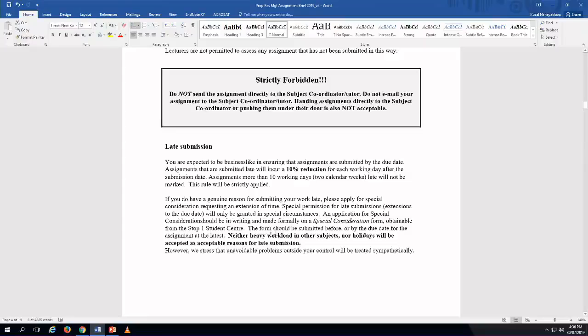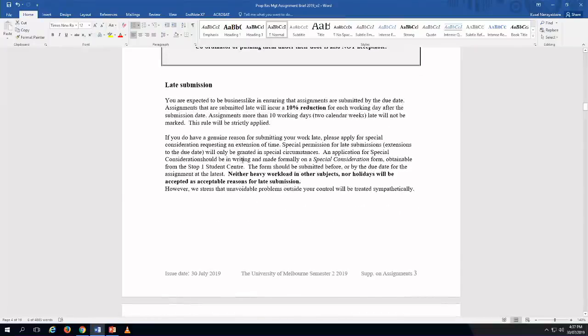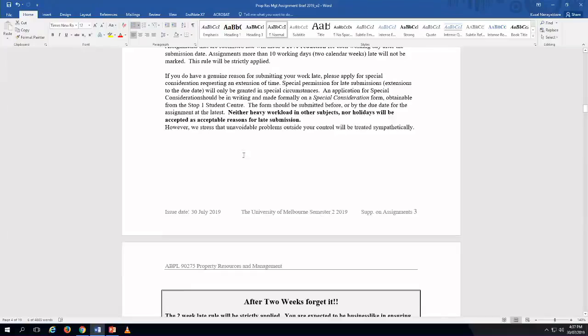And neither heavy workload in other subjects nor holidays will be accepted as reasons for late submission. Don't say I want to go on a family holiday, or I'm doing 3 other courses. Those will not be good reasons to get an extension.